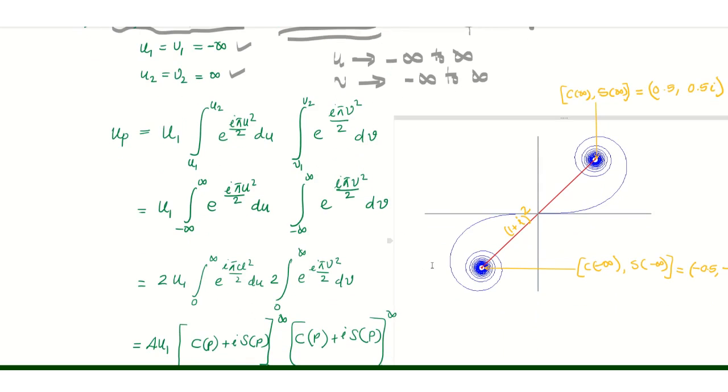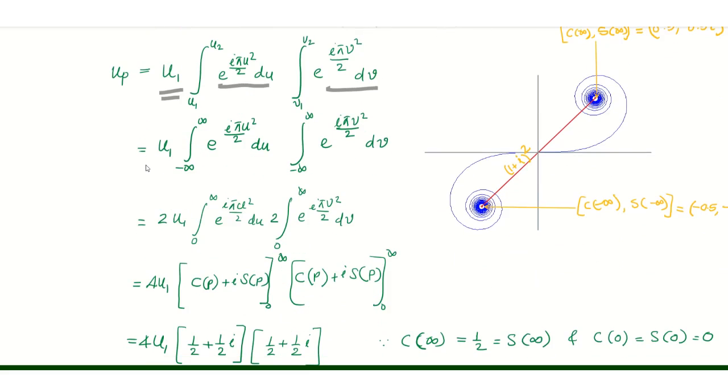Then the disturbance at the point P is u1 times the integral from u1 to u2 of e to the power i pi u squared over 2 du, and the integral from v1 to v2 of e to the power i pi v squared over 2 dv. This is what we have seen just now. Nothing special about it, and you can substitute for the limits minus infinity to plus infinity.